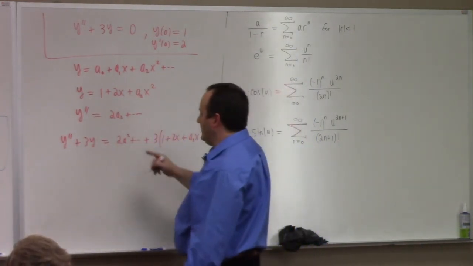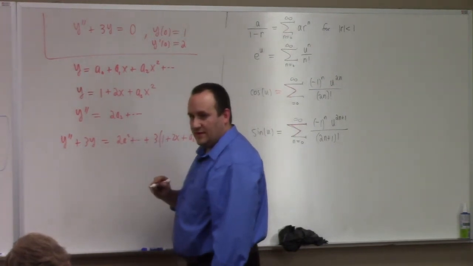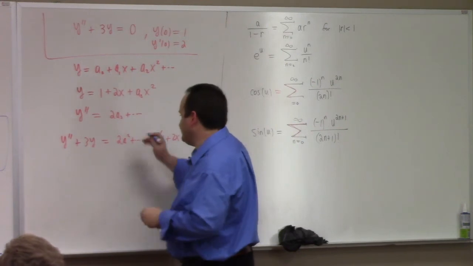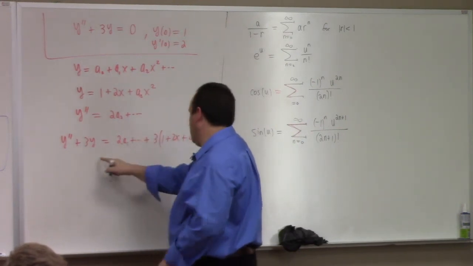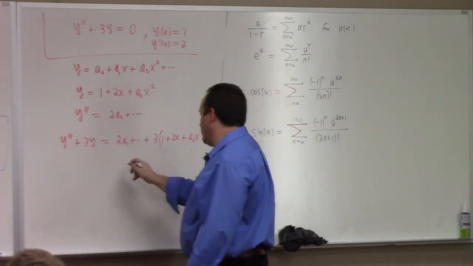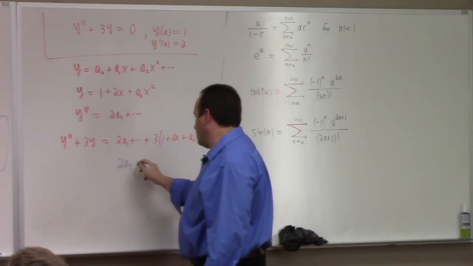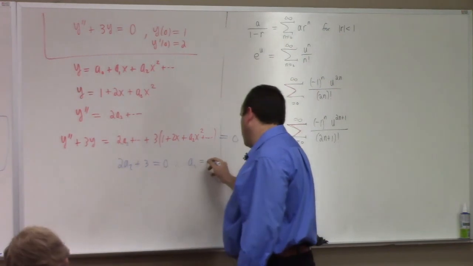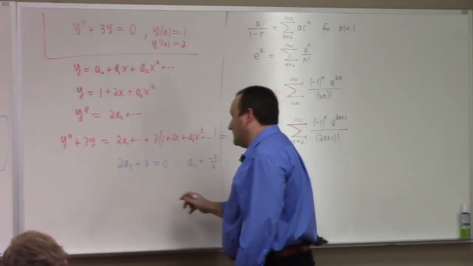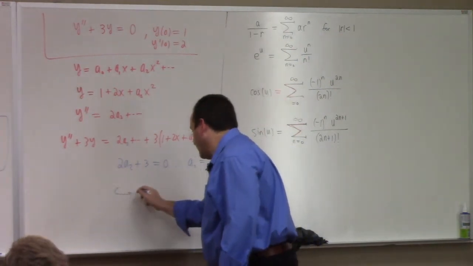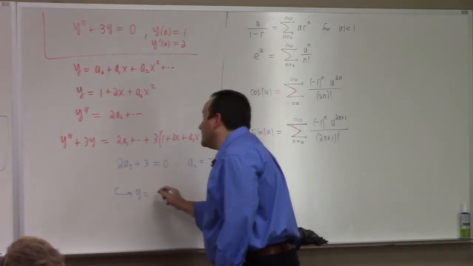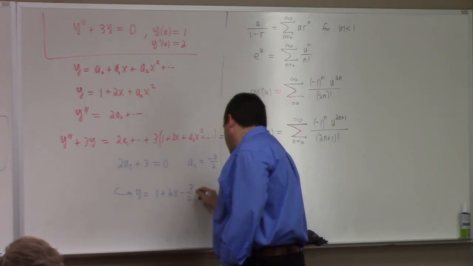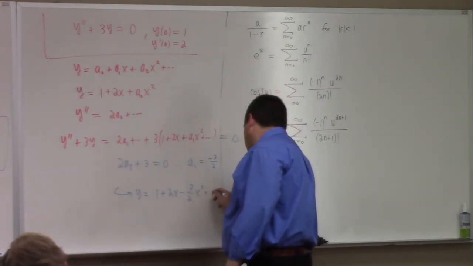And if you look at this being equal to 0, we're already done, because the 0th term is 2a2 plus 3 equals 0. Therefore, a sub 2 is minus 3/2. And so we find that y is 1 plus 2x minus 3/2 x squared. There you go, first three terms.